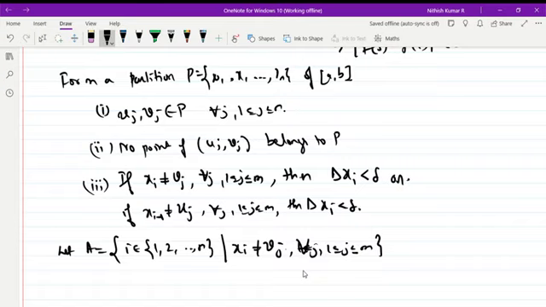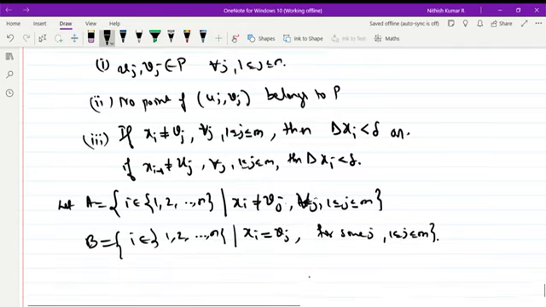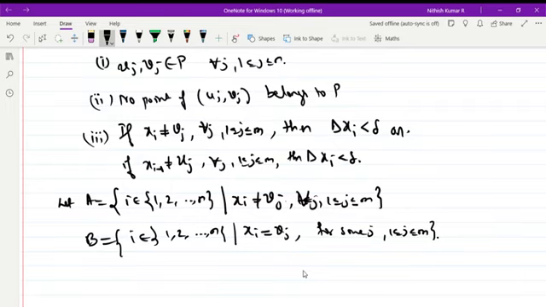If xi is not equal to vj for any j, then we take that index in the set A. And we take the set B as the set of all i belonging to 1, 2, and so on up to n, such that xi equals vj for some j, 1 less than or equal to j less than or equal to m.